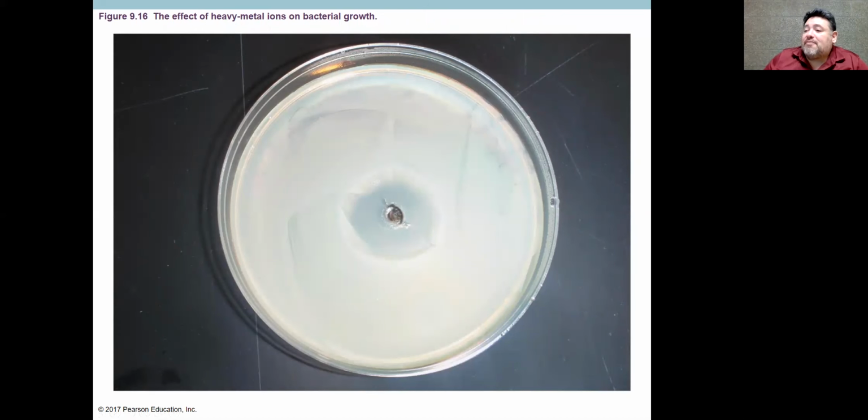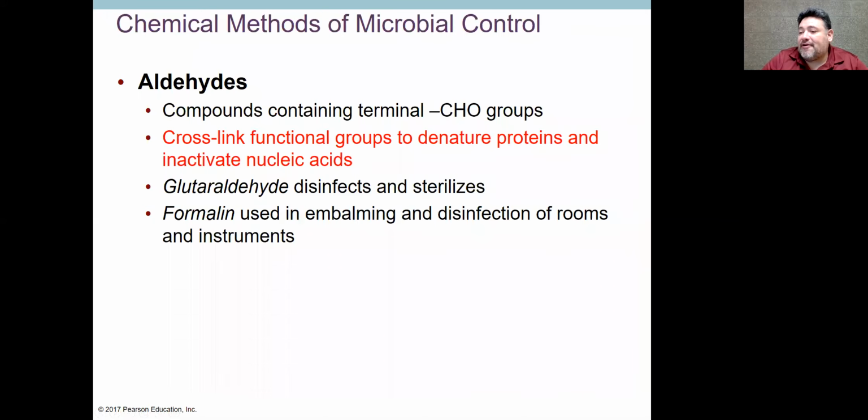Okay, here's an example of a heavy metal that the author's using to show that there's an area here where the bacteria is not growing. So the heavy metal inhibits the growth of bacteria. Here's aldehydes, where an alcohol has an OH group, an aldehyde has a CHO group, okay?